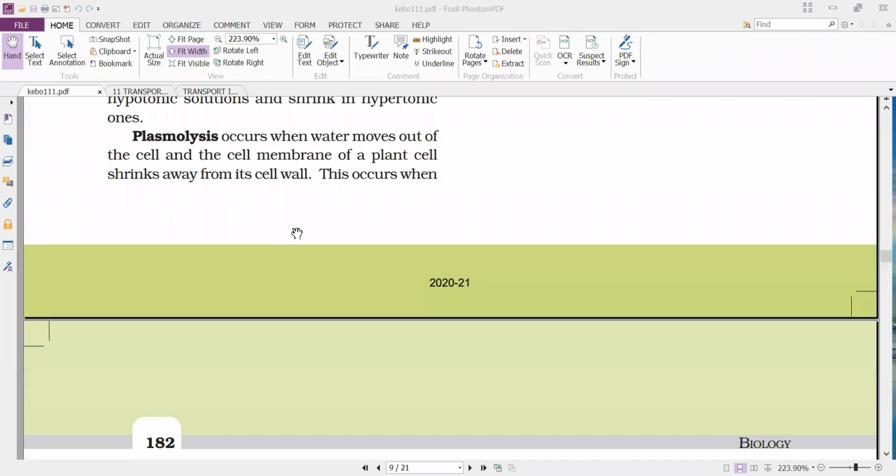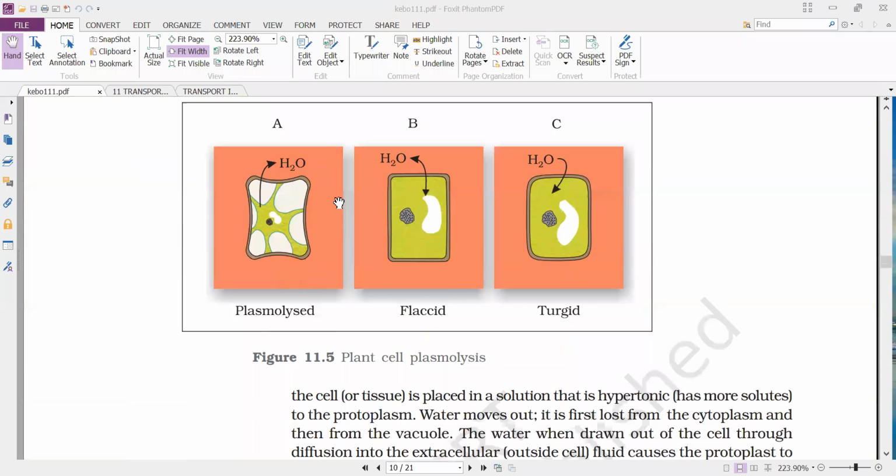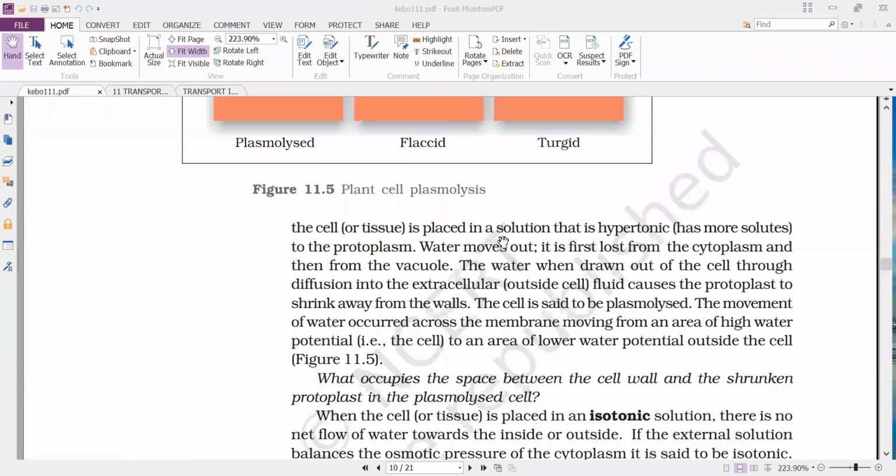This occurs when the cell is placed in a solution that is hypertonic to the protoplasm. When a plant cell is placed in a hypertonic solution, because of the difference in the water potential, the water will move out of the cell.